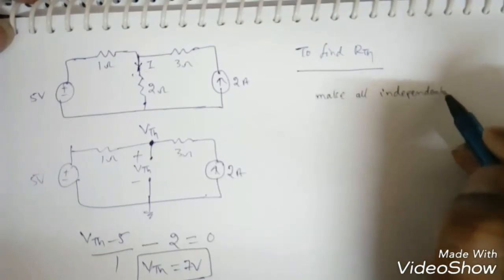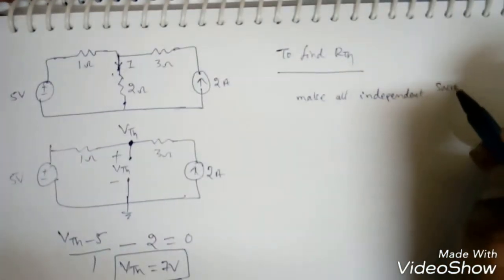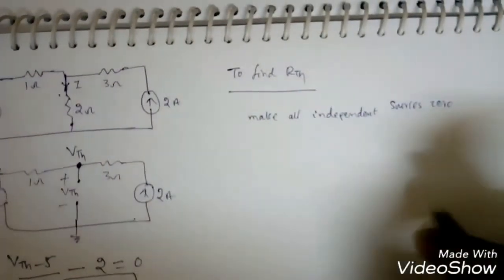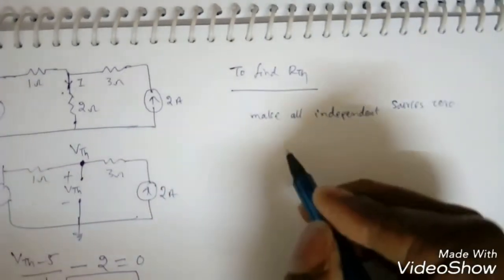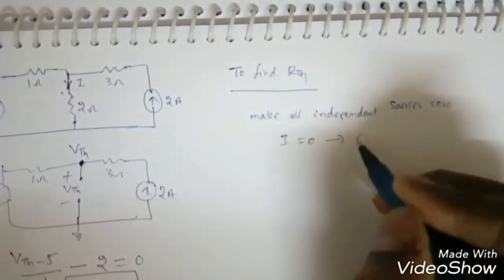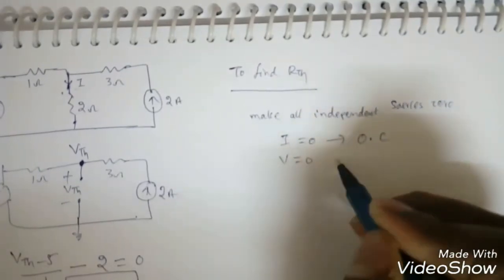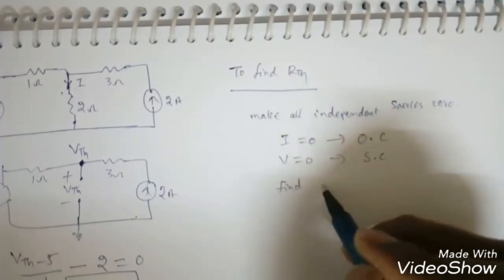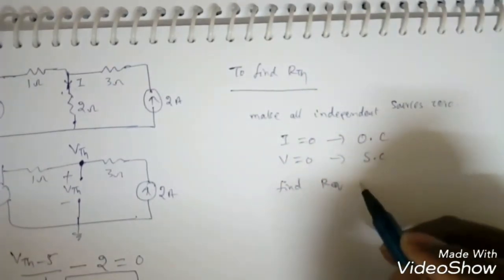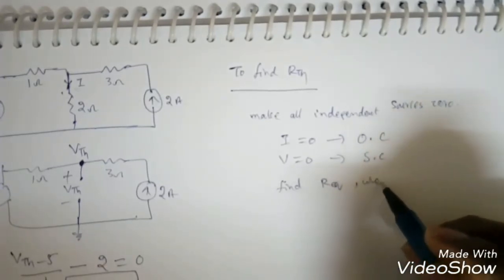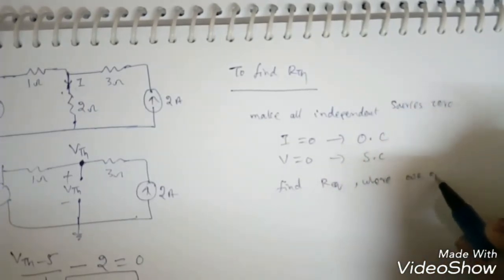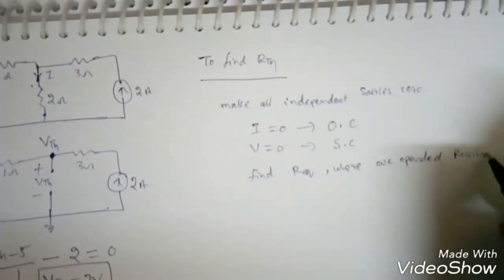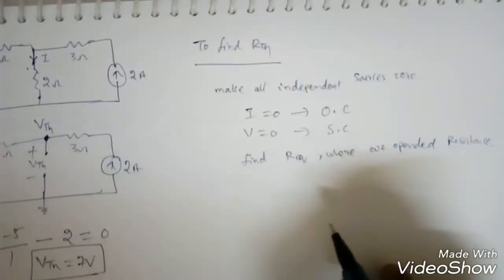So make all independent sources 0, that is current is 0, that means open circuit, voltage is 0, that means short circuit, and find R equivalent, right, where we opened the resistance. So that is how to find this R equivalent.